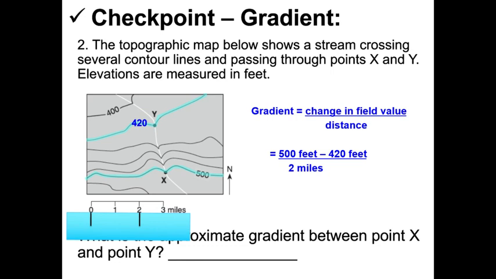We're going to simplify the numerator, 500 feet minus 420 feet, to be 80 feet. And we're going to divide that by the 2 miles. So 80 divided by 2 is 40. And our units will remain as feet per mile. So in other words, for every mile I'm walking, I'm going up or down 40 feet in elevation.